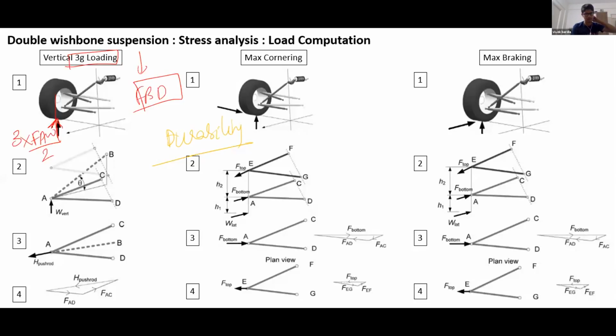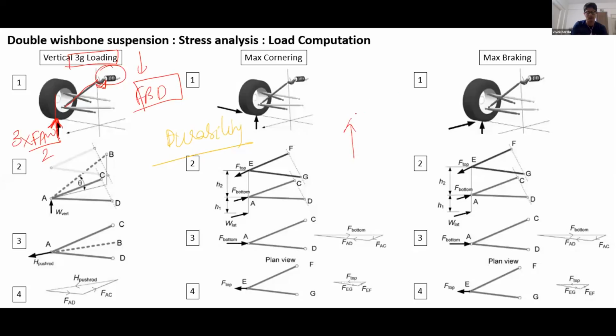If you are good with FBD, you can follow this very smoothly. So basically, how does this force go into the suspension? A vertical force is mainly resisted by the springs, right? So you have a vertical force. This total vertical force is resisted by the spring, which goes through the bell crank and the arm, which is connected to the bell crank and the lower arm, right? So you have something like this.